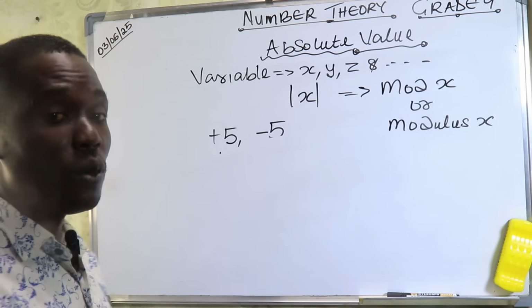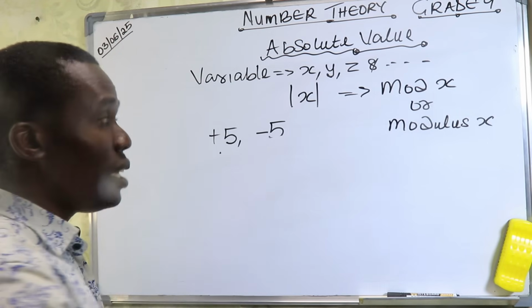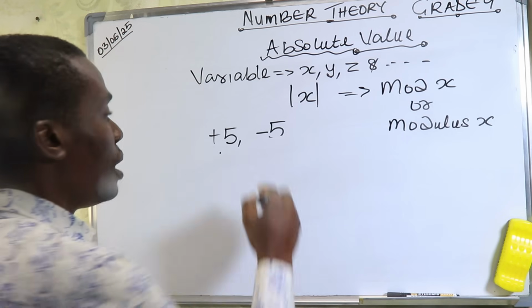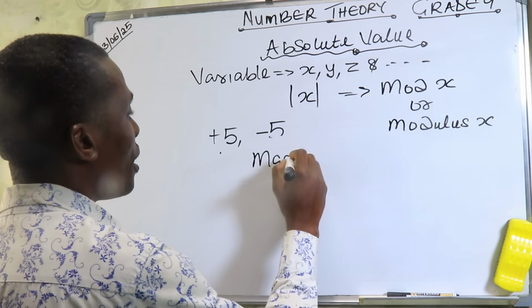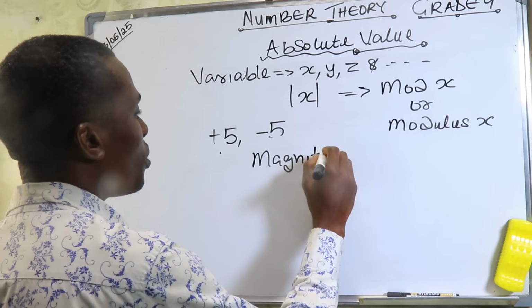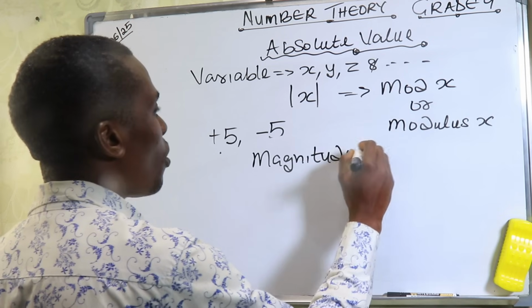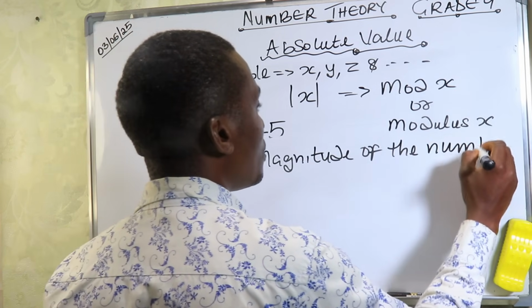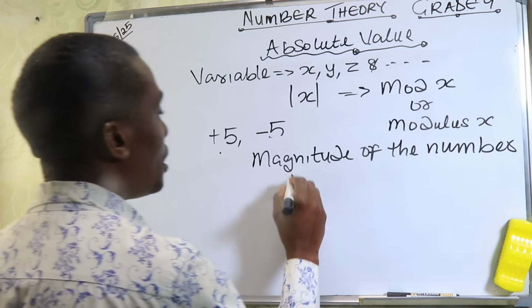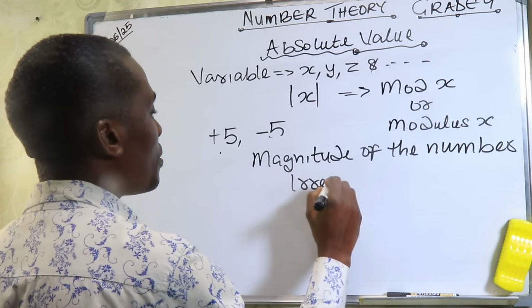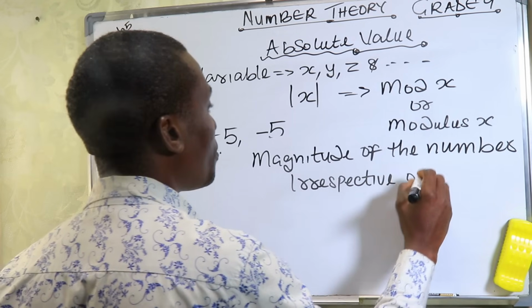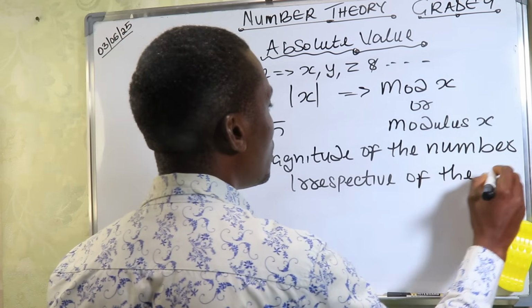The absolute value of any number is defined as the magnitude of that number, irrespective of the sign.